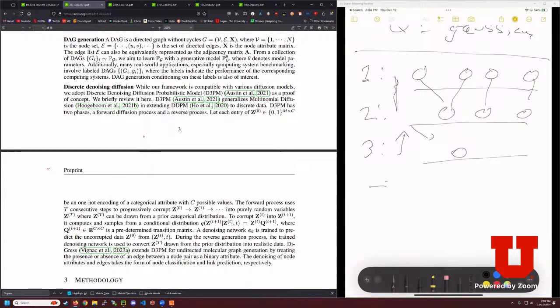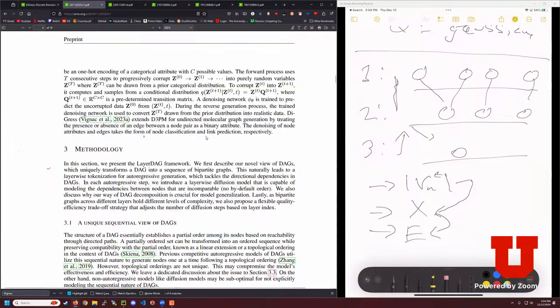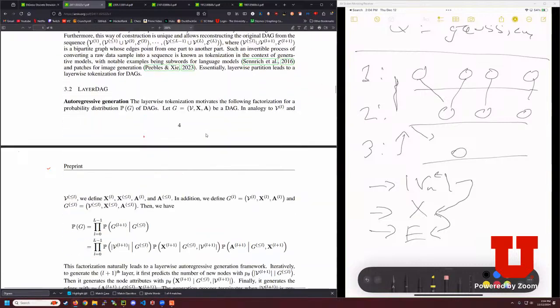One predicts the cardinality of a layer, which I think is denoted VNT, and then they have the X's and the E's as well. They first predict the cardinality, then the class of those nodes, and then the edges that connect to those nodes. That's for generating one next layer, right? Yeah.